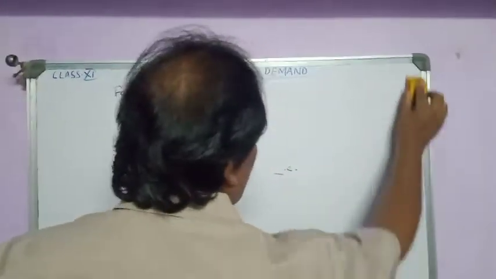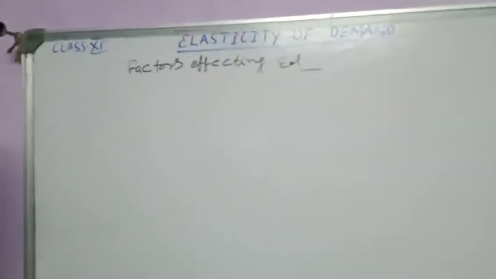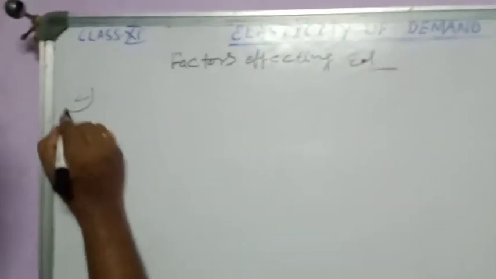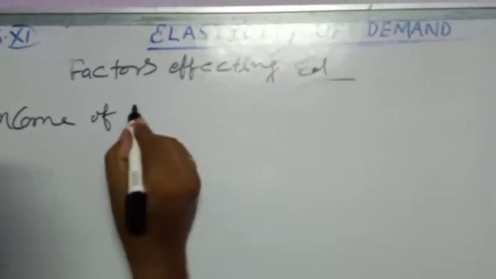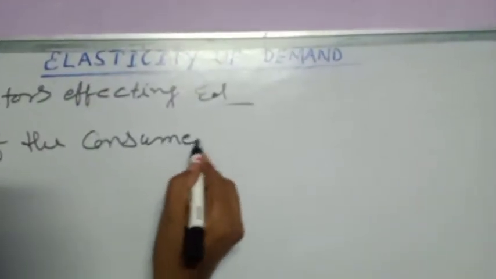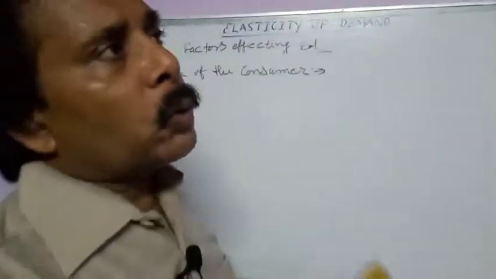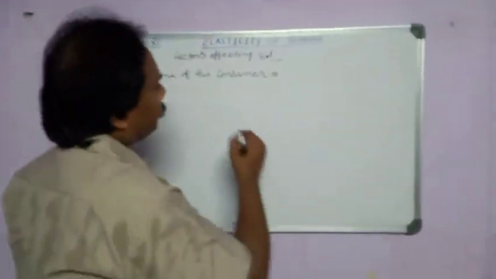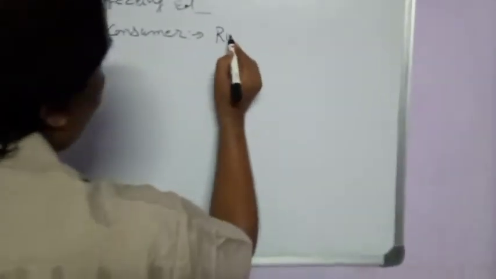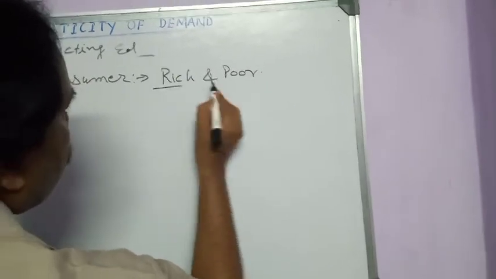Income of the consumer. Second point, that is the income of the consumer. As we know, there are two groups of people in the society. One is the rich and the other is poor. Is it clear?